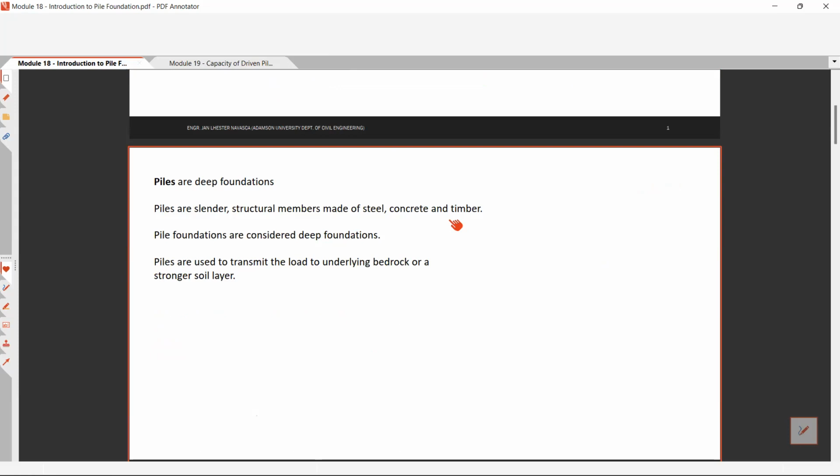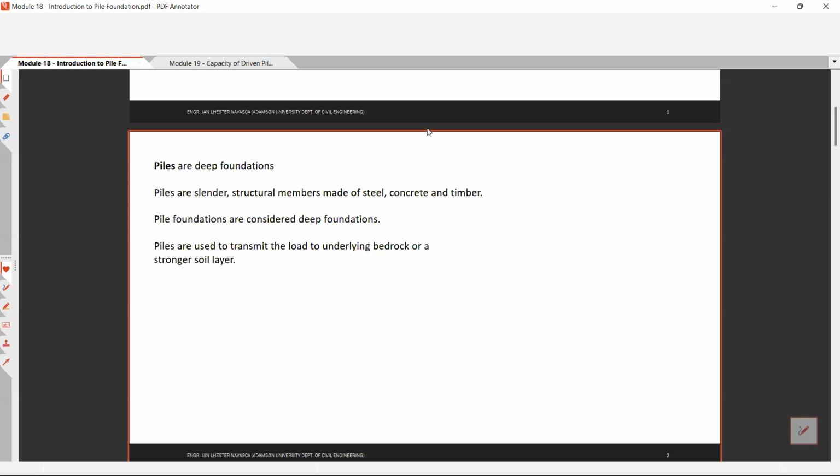So what are piles? Piles are example of the deep foundations. Your piles are slender structural members made of steel, maybe made of concrete, or maybe made of timber. Your pile foundations are considered as deep foundations, and your piles are used to transmit the load to the underlying bedrock or a stronger soil layer.